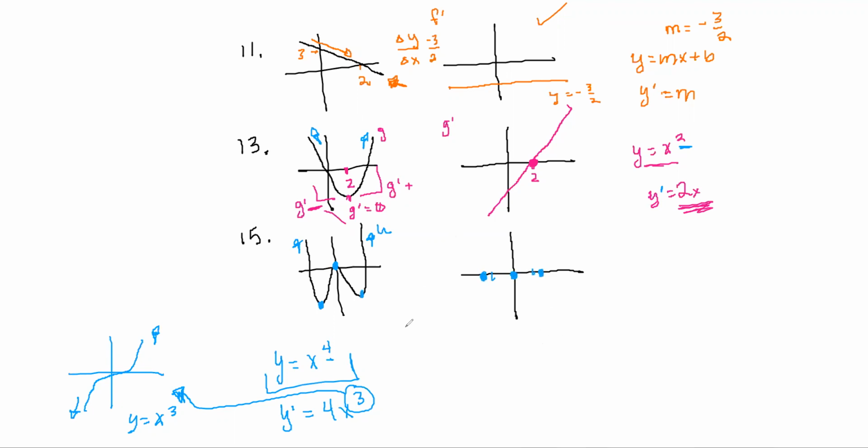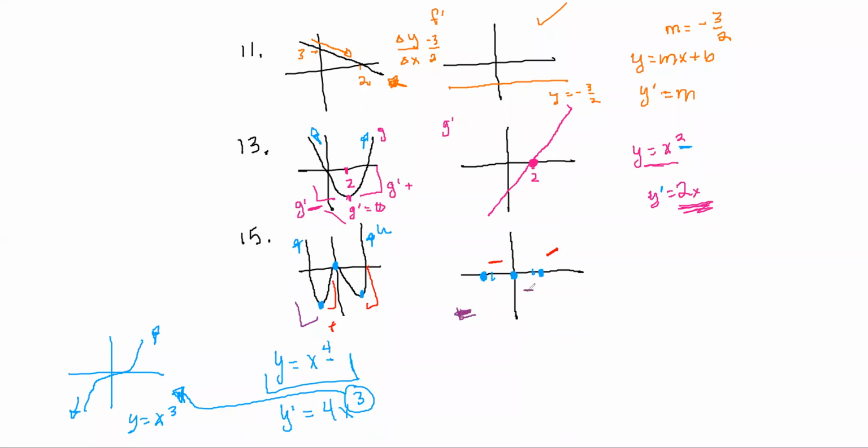And then here, I'm going to label the areas where it's positive and negative. So here it's positive, so it's going to be up here somewhere. Here it's positive, up here somewhere. Here it is negative, so it's going to be down here somewhere.